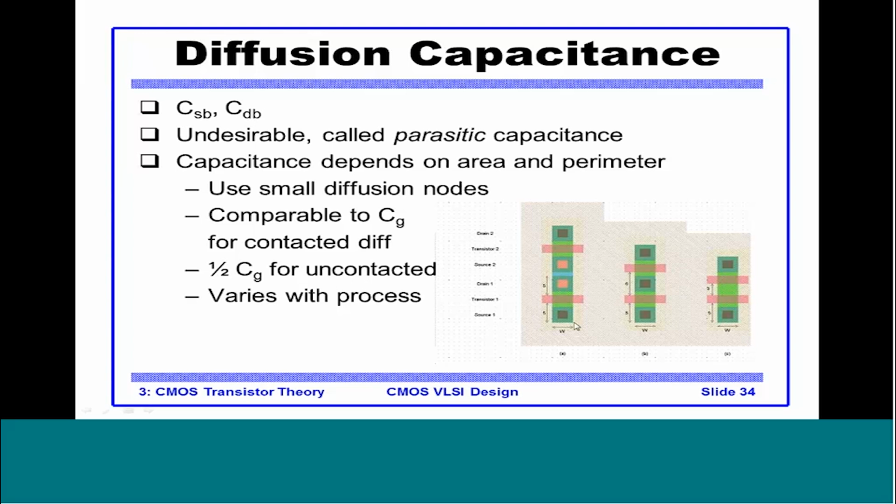So this figure shows three different layout techniques. In the first, A, we see that these are diffusion regions. The pink ones, the black ones, are contacted diffusion regions. So the first one will show a lot of undesirable capacitance. In case of B, the diffusion regions are combined together and contacted.